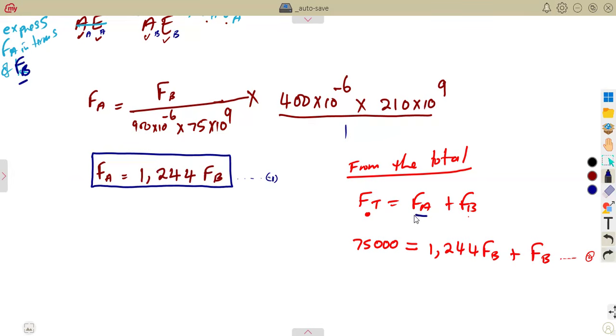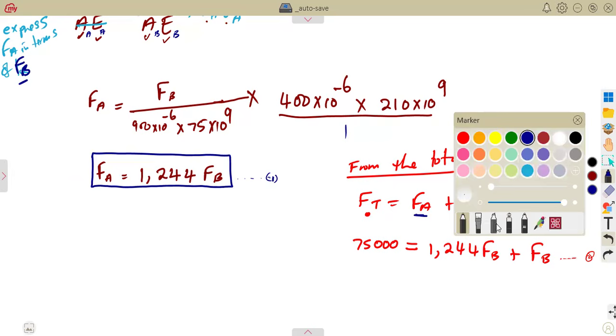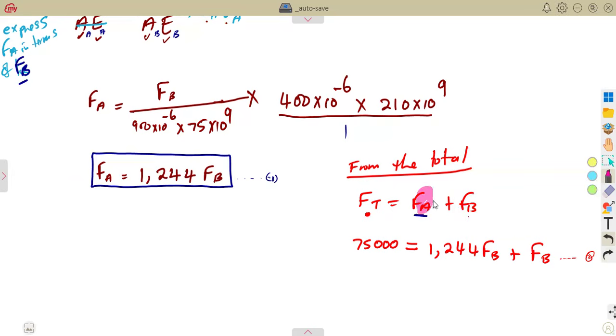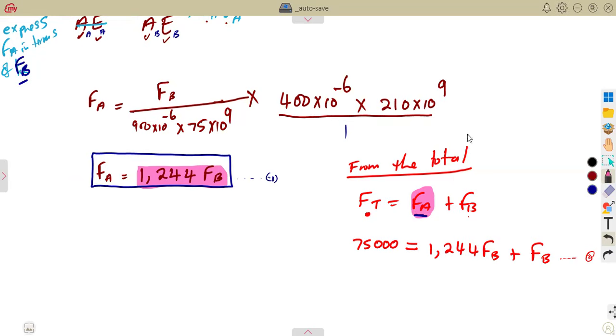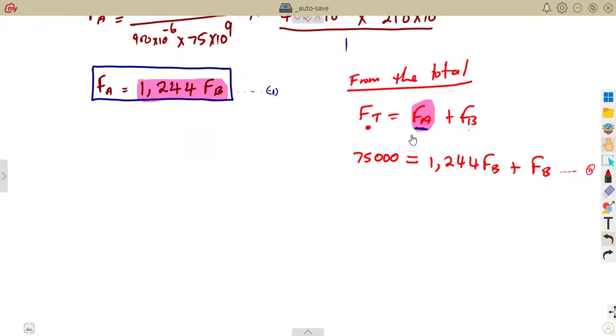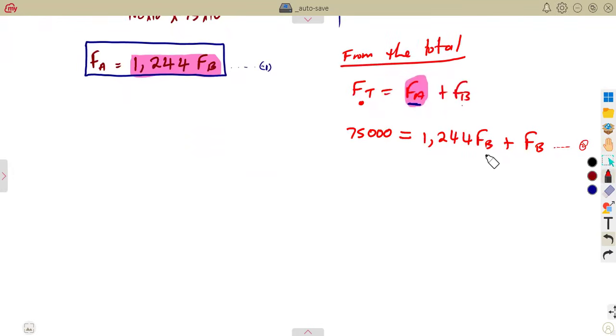You substitute where FA is. What is it that is representing FA? FA is equal to the whole of this. So substitute there, by the substitution method, remember your simultaneous equations. So you now have an equation which has got one unknown value, FB.